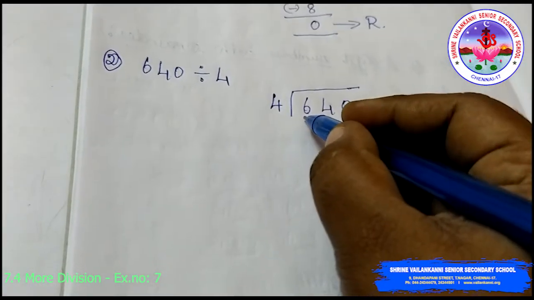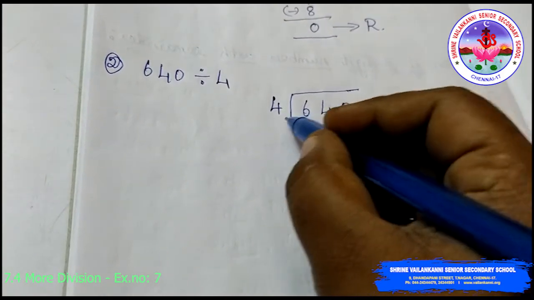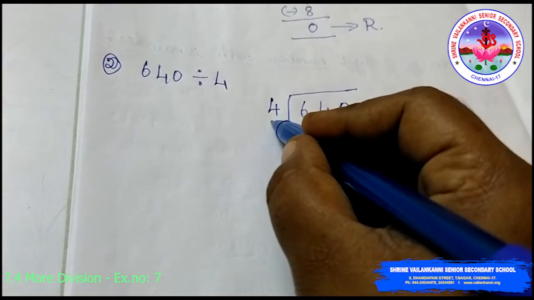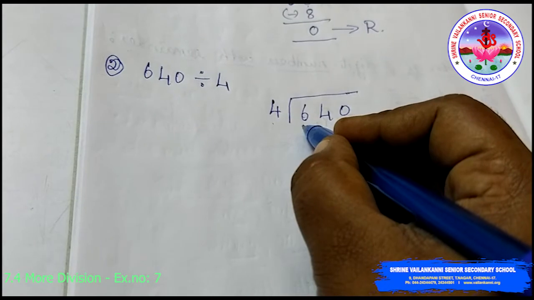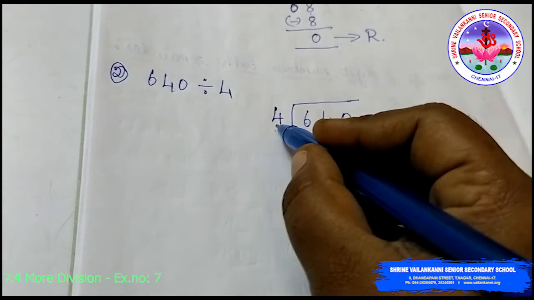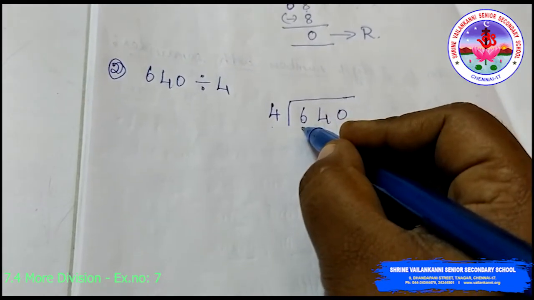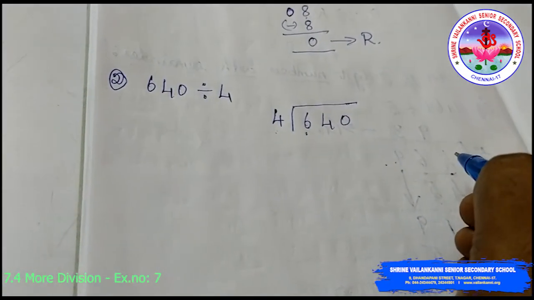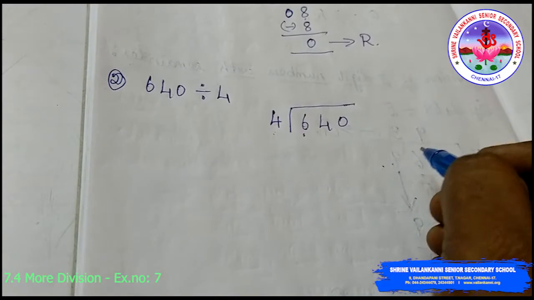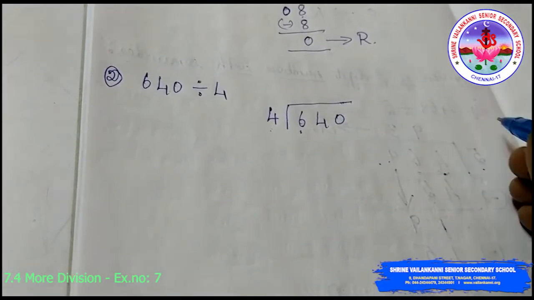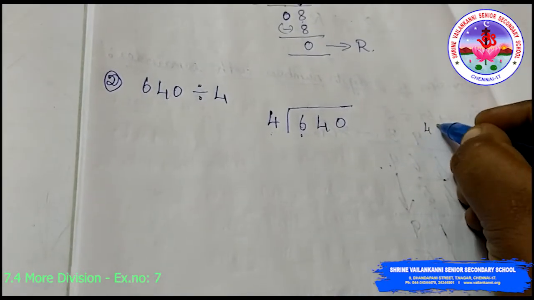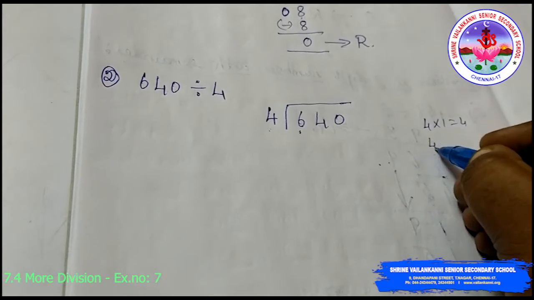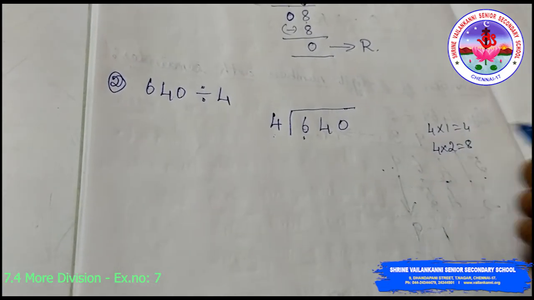From the dividend, the first highest number I should include, since the divisor is one digit, so from the dividend also one digit I am going to consider. How many times will 6 come in the 4 table? You will not get 6 in the 4 table. So 4 ones are 4, 4 twos are 8.